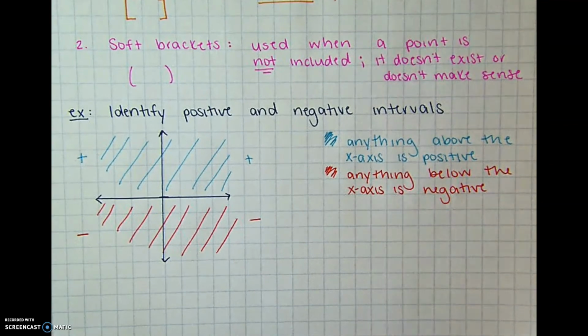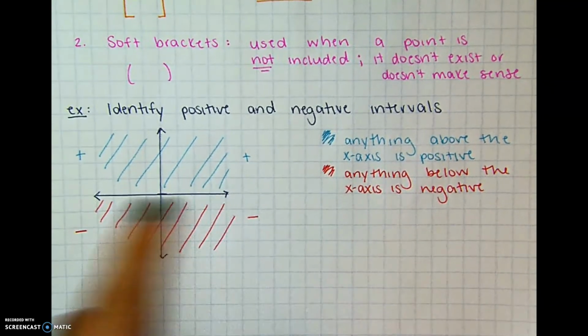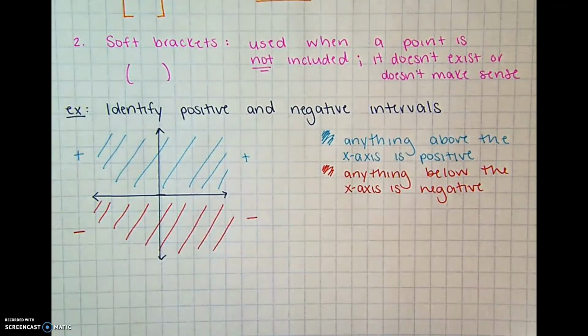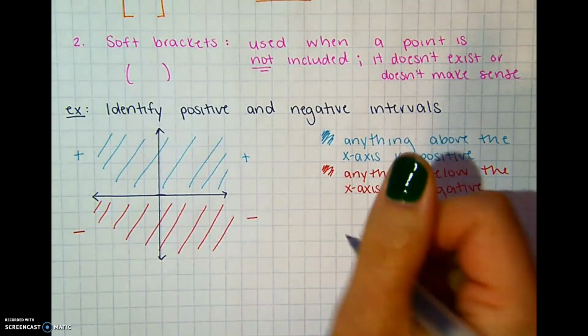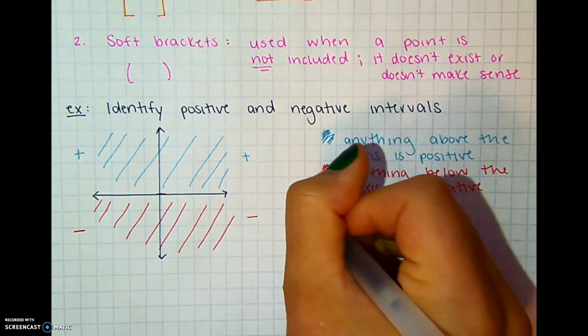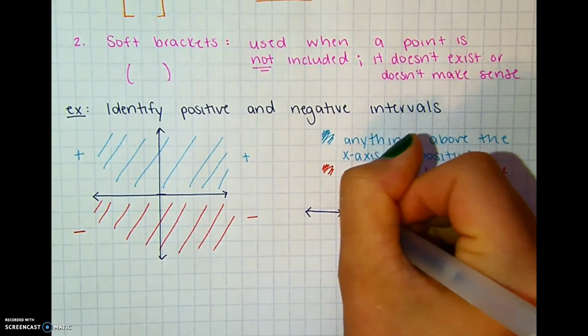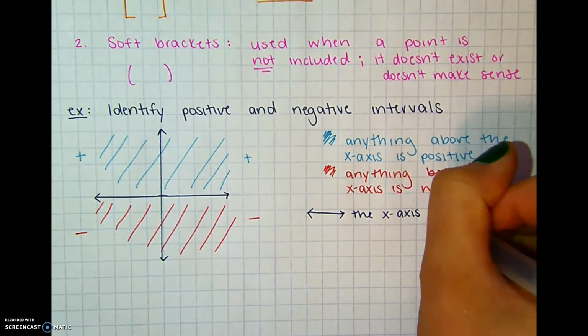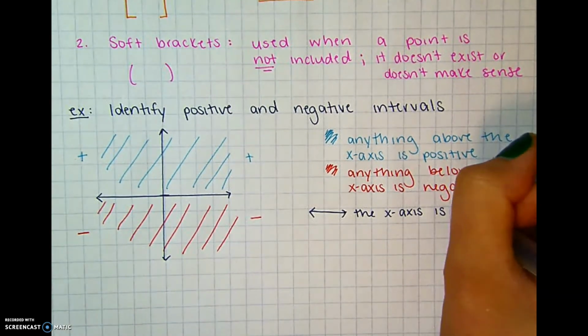So then you might be asking yourself, well, what about the actual x-axis? Well, that's not positive or negative. That's just neutral. It's zero. So the x-axis is not positive or negative.